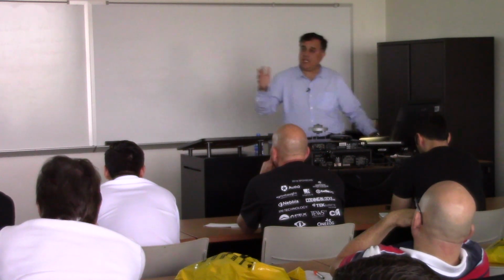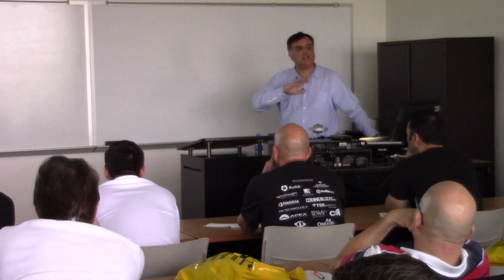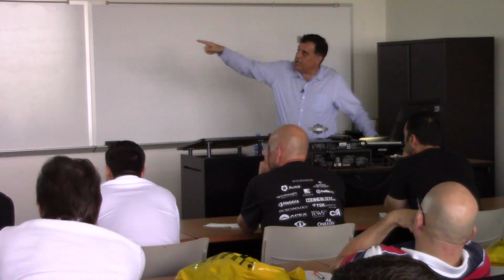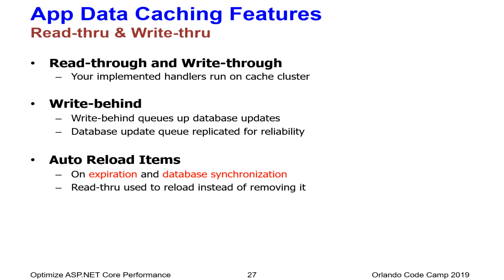Some data you cannot afford to do that with, but a lot of data you can. So by doing write-behind, suddenly your updates are also super fast. Your application does not have to incur the cost of updating the database. The cache does, which is a distributed cache, and it can absorb that as a batch.